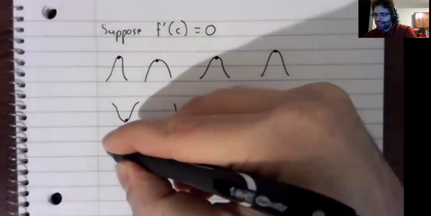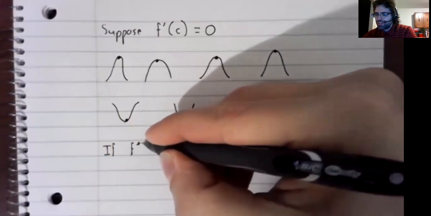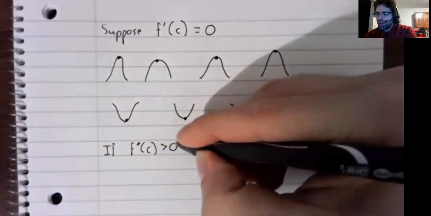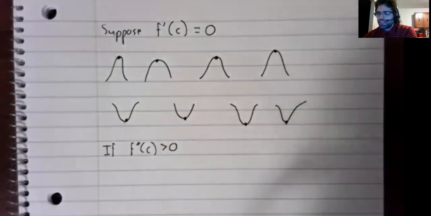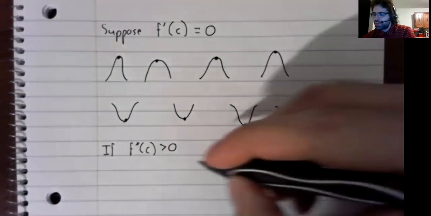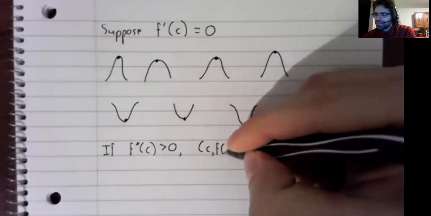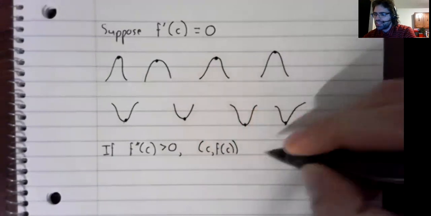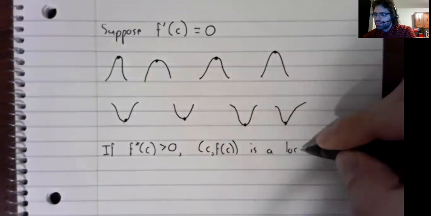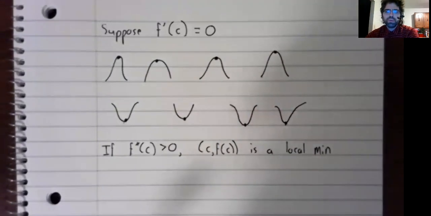The second derivative test: if the second derivative of c is positive, that is to say, this is concave up, then (c, f of c) is a local minimum.